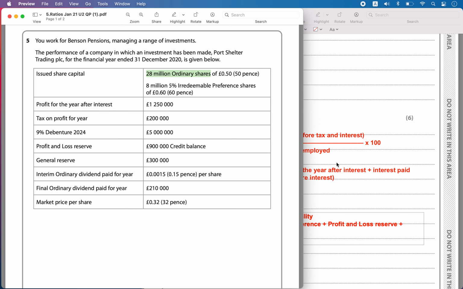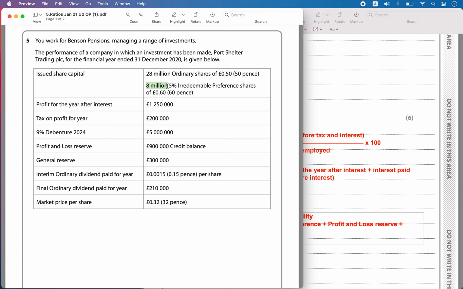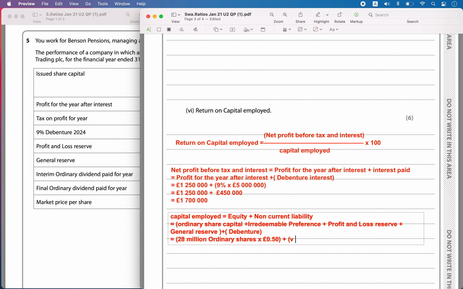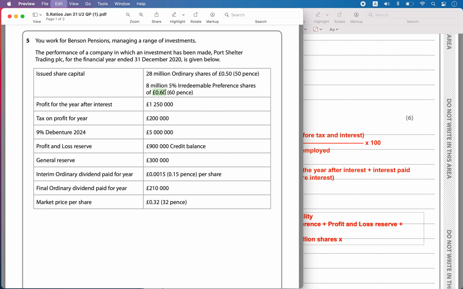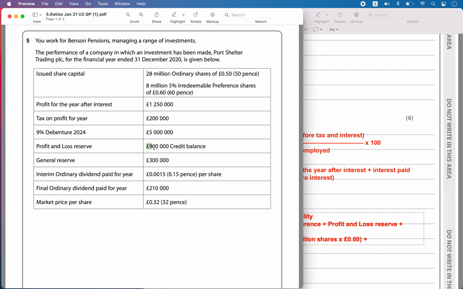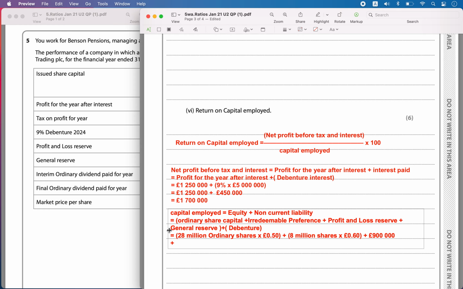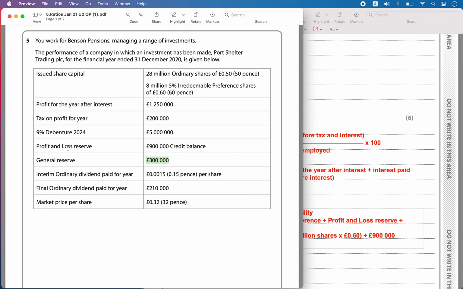So that is going to be equal to ordinary share capital, that is 28 million ordinary shares into 0.5 pounds, plus irredeemable preference share capital, that is 8 million shares into 0.6 pounds, plus profit and loss reserve, that was 900,000 pounds, plus the general reserve equal to 300,000.